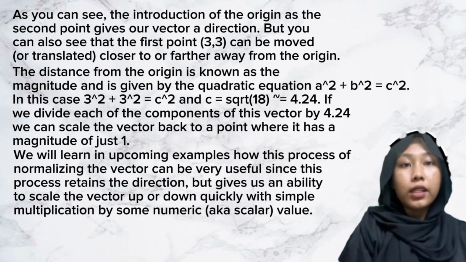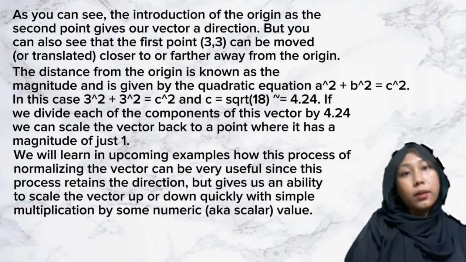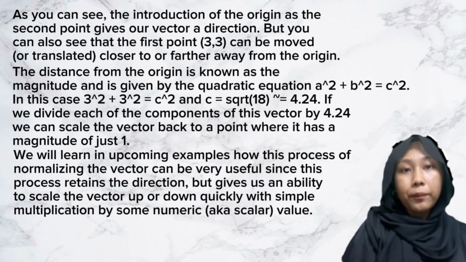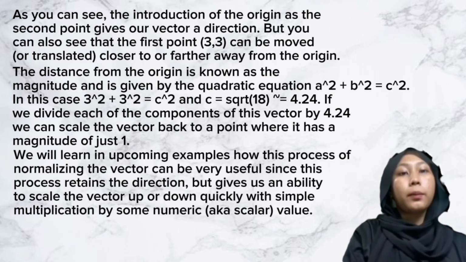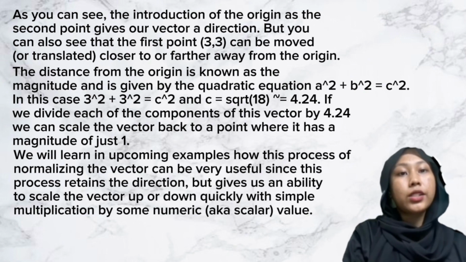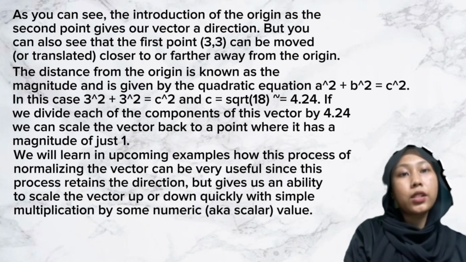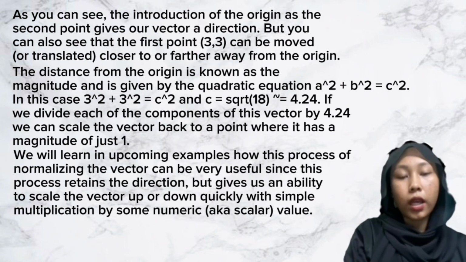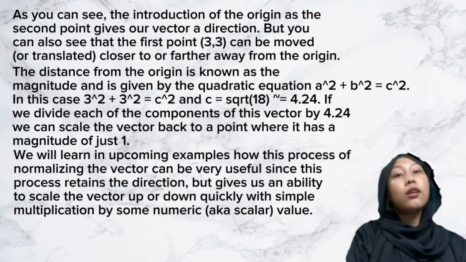If we divide each of the components of this vector by 4.24, we can scale the vector back to a point where it has a magnitude of just 1. We will learn in upcoming examples how this process of normalizing the vector can be very useful, since this process returns the direction but gives us an ability to scale the vector up or down quickly with simple multiplication by some number, also known as a scalar value.